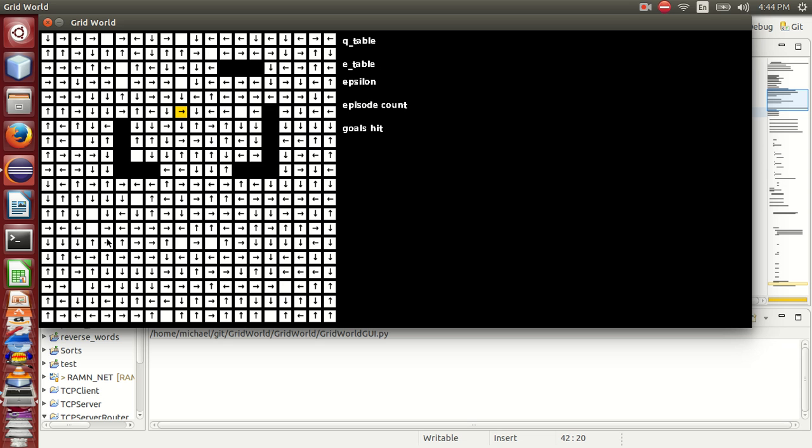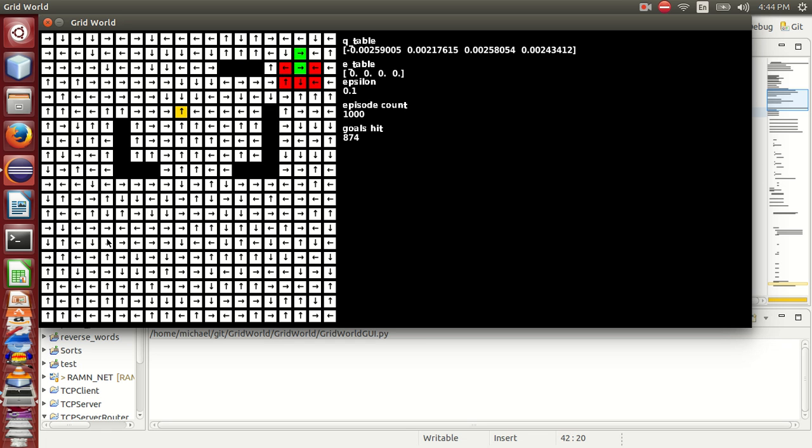And the E table is set up the same way. Also, epsilon will show what the current epsilon is for that episode. After 1,000 iterations, it decays to 0.1. 0.1 is where I have it set to stop decaying, so that the agent can still explore.